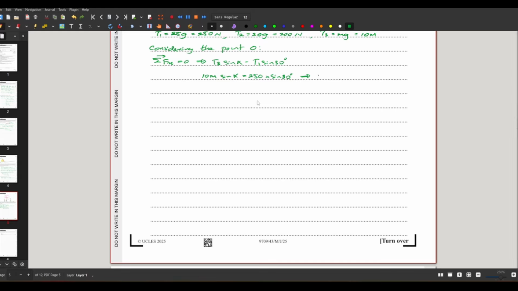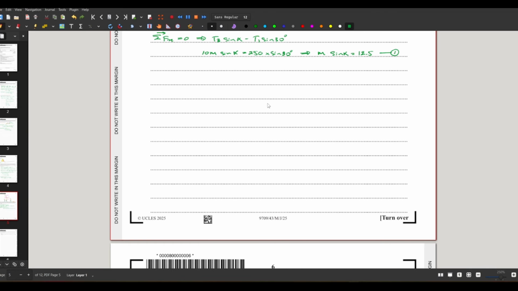So with this one, you can divide by m. So 250 divided by 10 is 25, and sine 30 is half. So 25 divided by 2 is 12.5. So m sine alpha is 12.5. Let's take that one as equation 1.